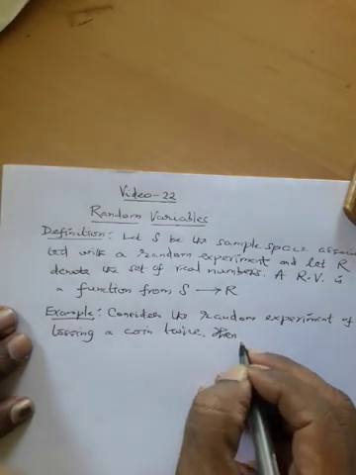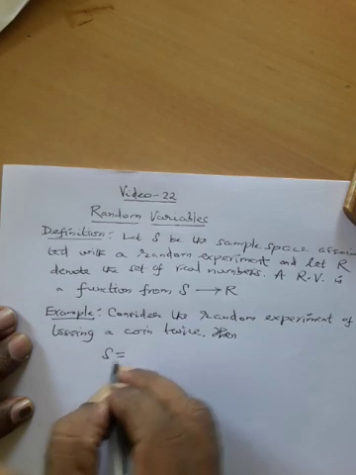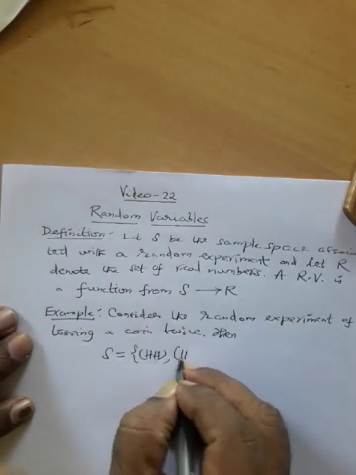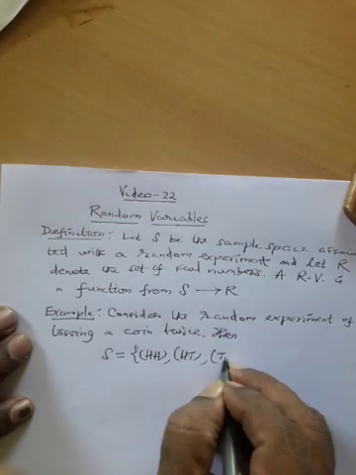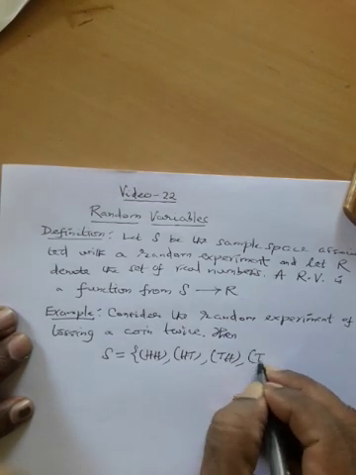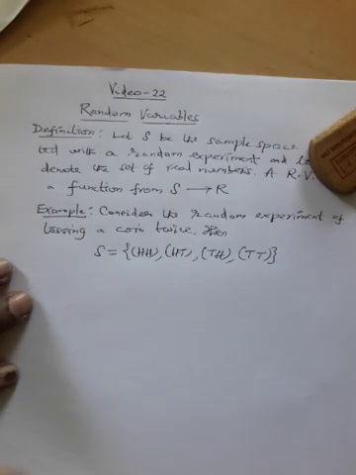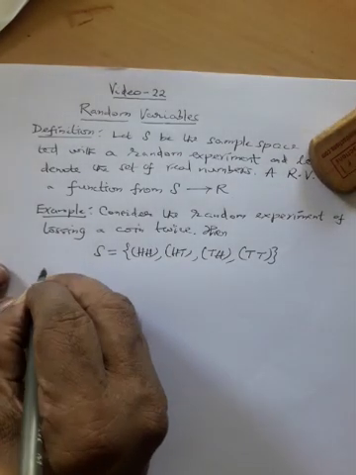Then the sample space is given by HH, HT, TH, TT. So this is our sample space.